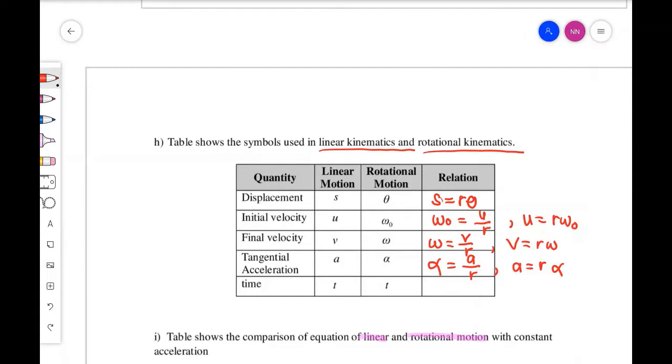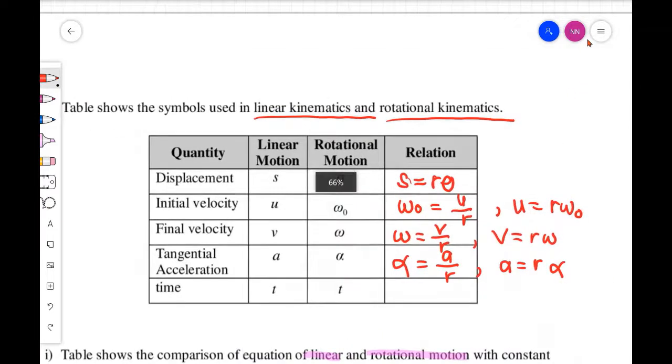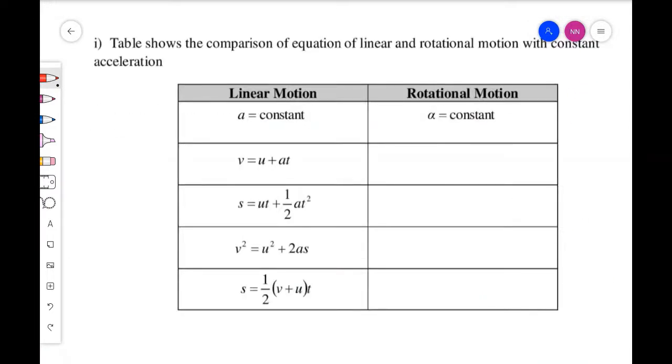Seterusnya adalah t. t adalah sama untuk kedua-dua linear motion dan rotational motion. So table ni adalah comparison untuk linear motion dan rotational motion.